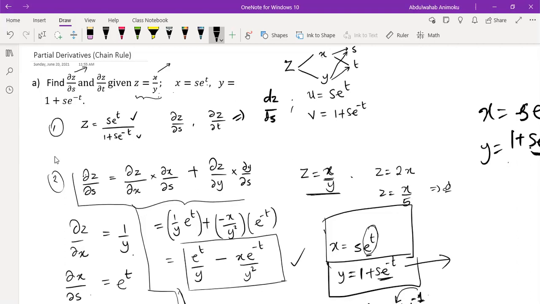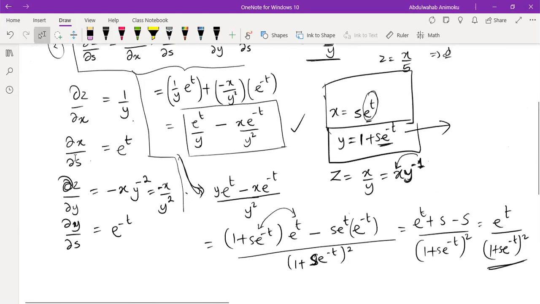Okay, so we need to find the derivative of the numerator and of the denominator with respect to s, right? So du ds would be e raised to power t here, and dv ds would be given as e raised to power minus t. I think we have done this before.